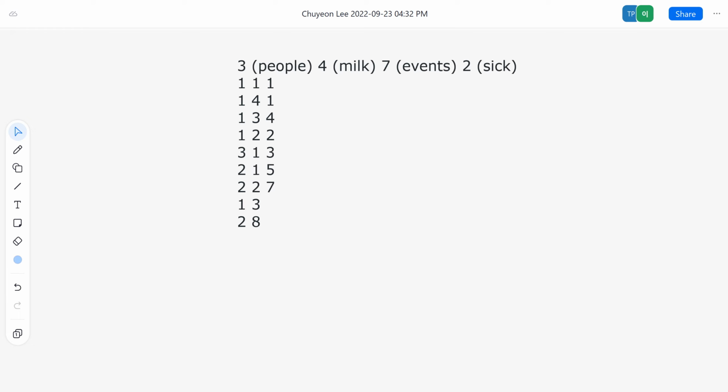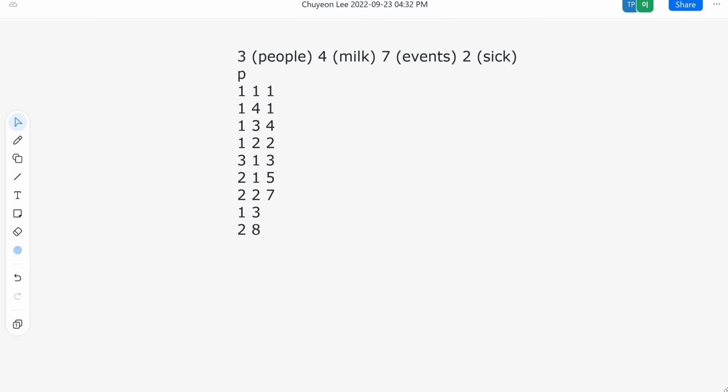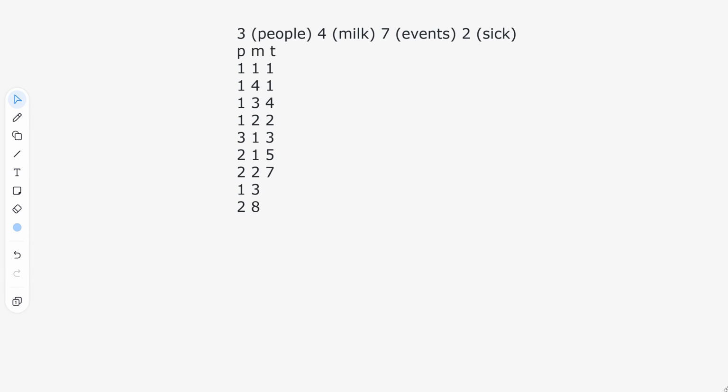So in order for us to solve this problem, we first have to think about how these events occurred in order. These 3 numbers are in the form of the person, the type of milk, and the time at which it happened.